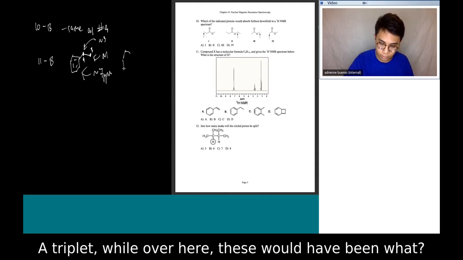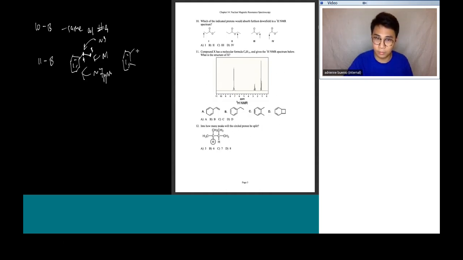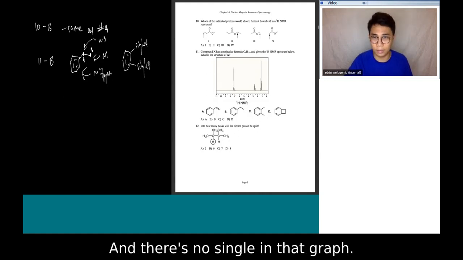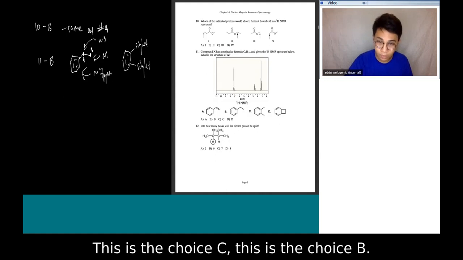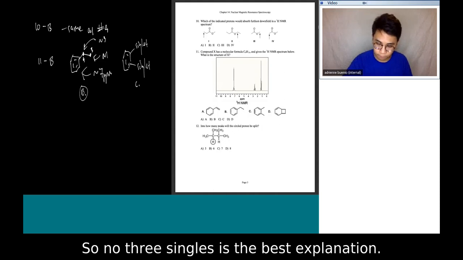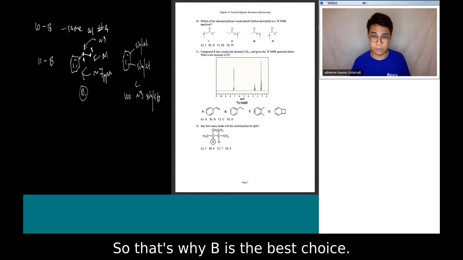While over here, these would have been singlets, and there's no singlet in that graph, right? This is choice C. This is choice B. These are all singlets, and on our graph there are no singlets in the threes. So no three singlets is the best explanation, right? So that's why B is the best choice.